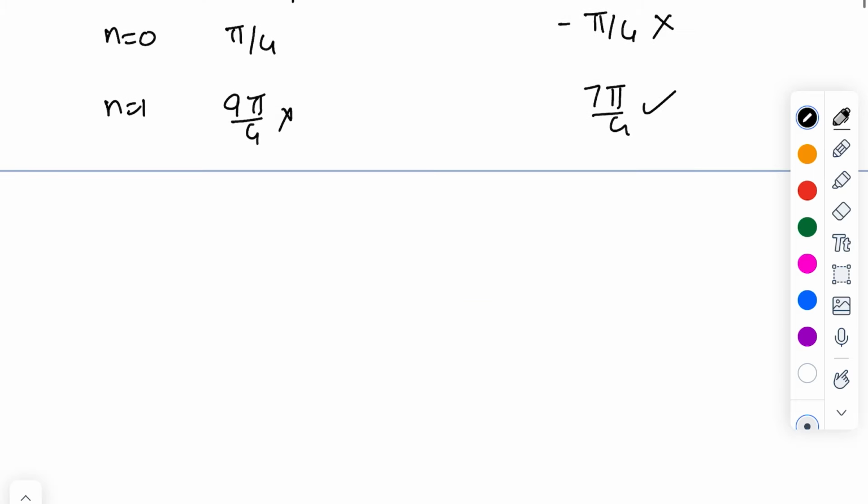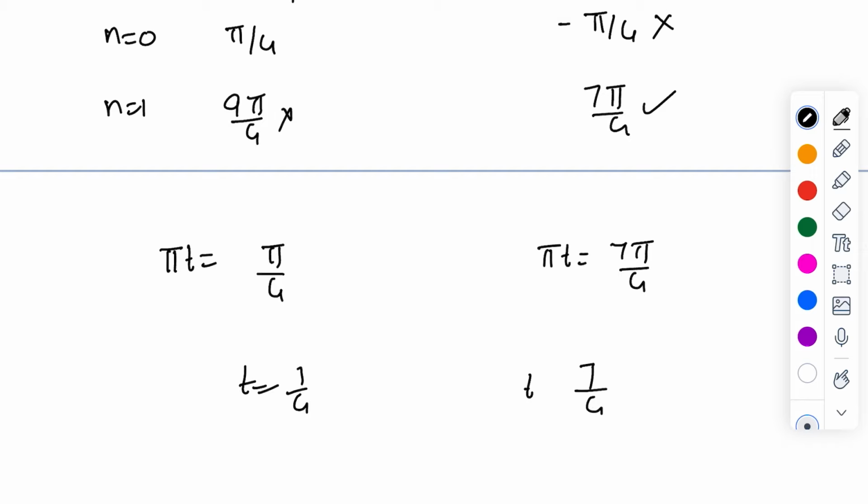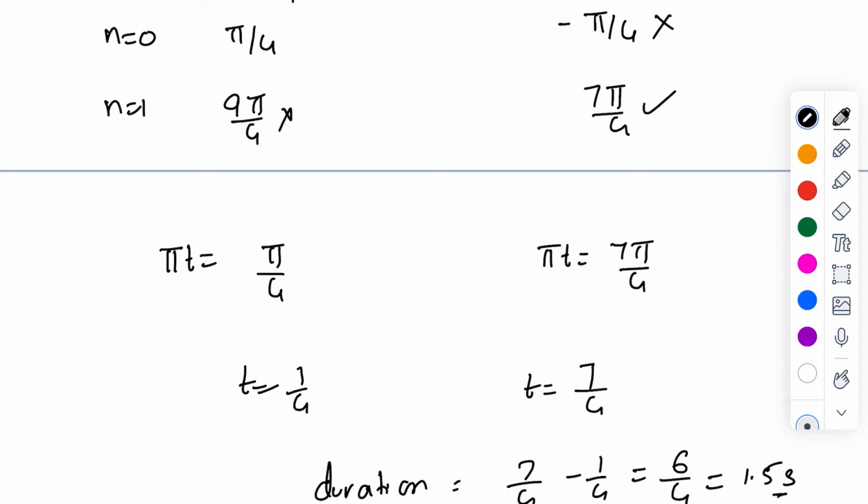So pi t is either pi upon 4 or 7 pi upon 4. So the t value is 1 upon 4 or 7 upon 4. He is asking us for the duration. So it will be 7 upon 4 minus 1 upon 4, which is 6 upon 4, which is 1.5 seconds.